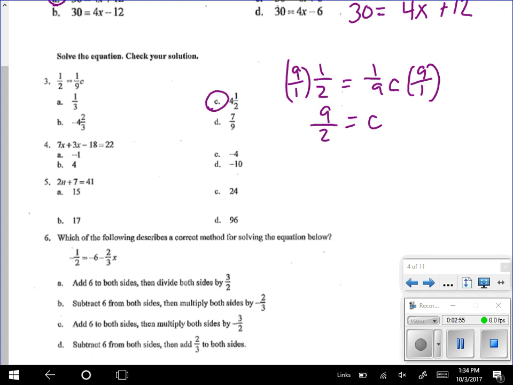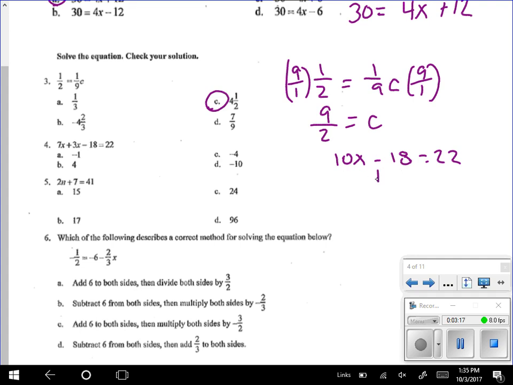Okay, for number 4, I need to combine any like terms that I have. Make sure each side is simplified. So 7x plus 3x is 10x. Minus 18 equals 22. From there, I'm working to get x by itself. So I need to work with the piece that's least attached to the variable, which is going to be our 18.